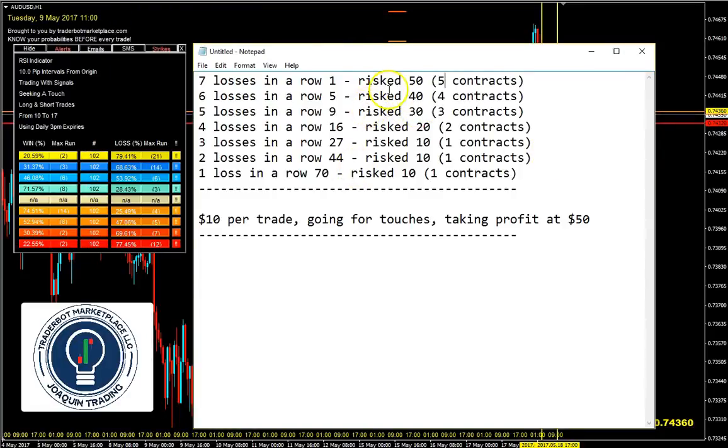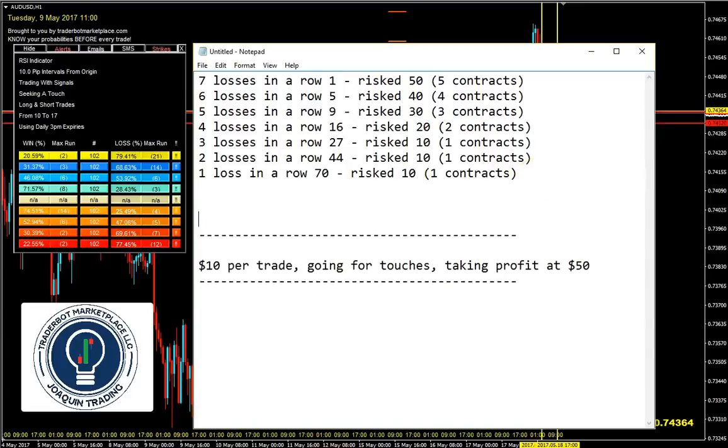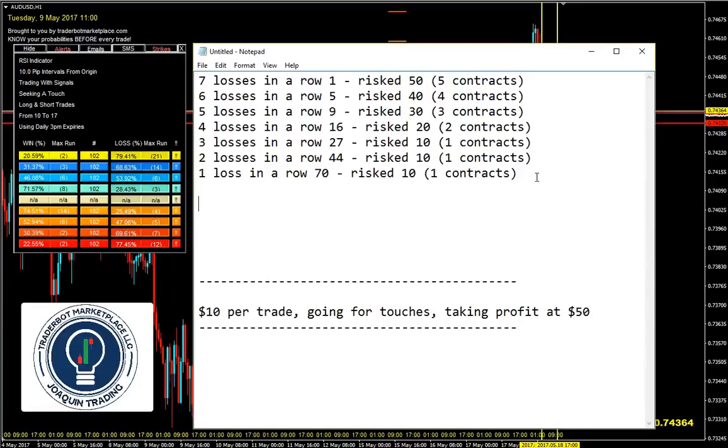Okay, here we go. Now, out of all of this, if this is the way you do it, one contract, one contract, one contract, and then you start scaling up, you're going to win if you win in less than 7 losses in a row. What was your total risk? And I'll explain how to do it differently here in a few minutes.